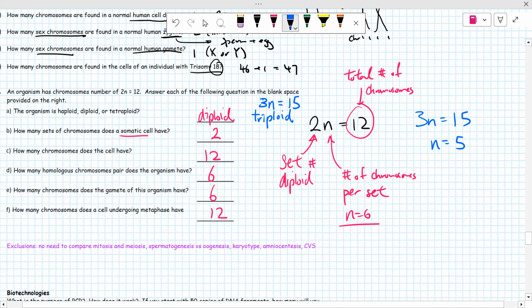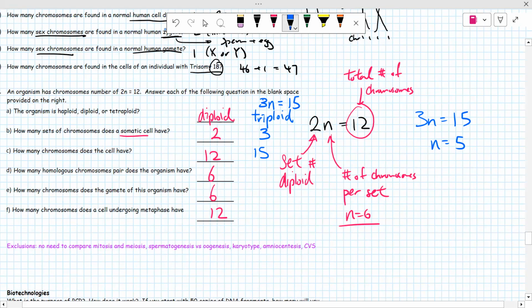How many sets of chromosomes does a somatic cell have? In this case, it is going to be 3. Remember, this is the set number. How many chromosomes does it have? Just 15. How many homologous chromosome pairs does the organism have?